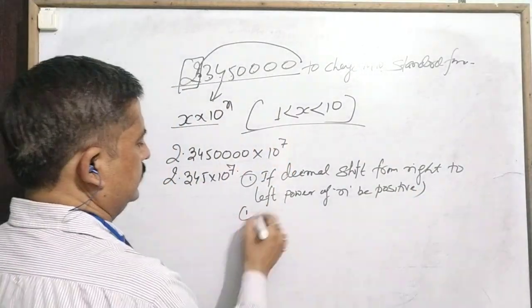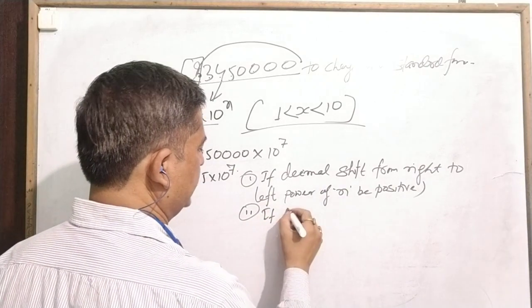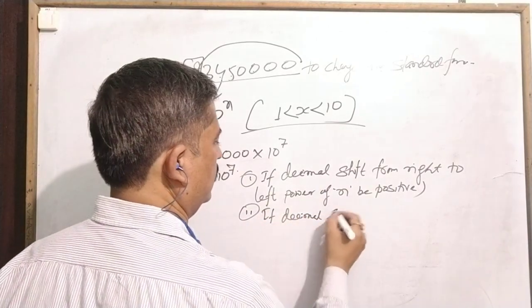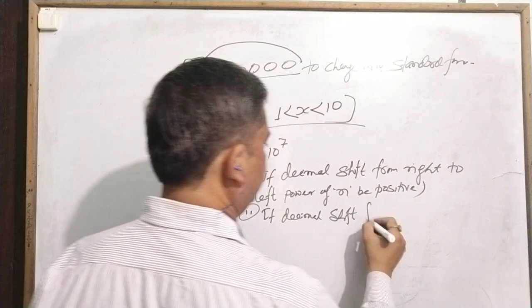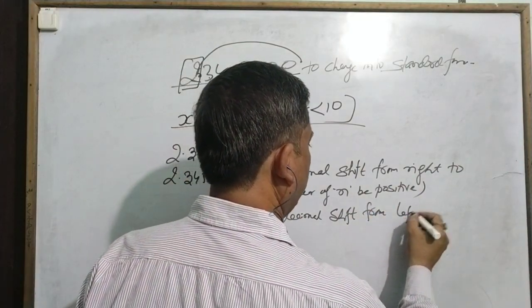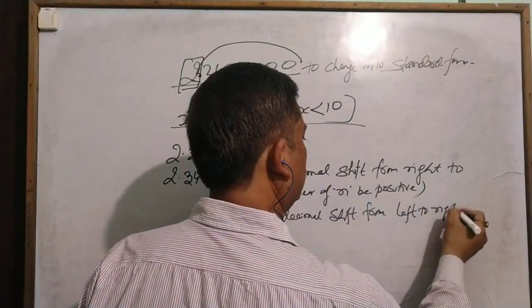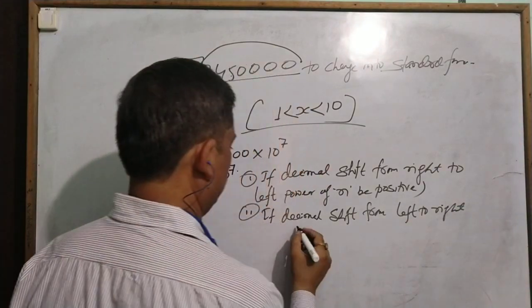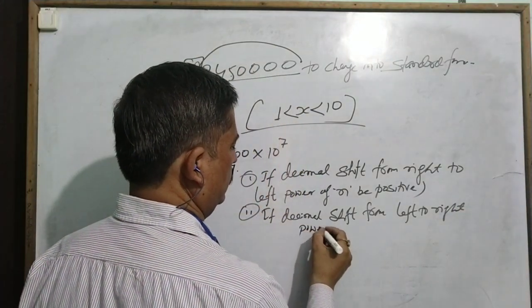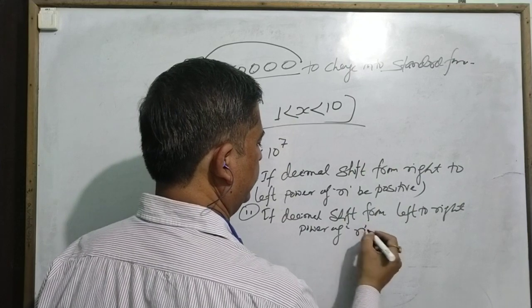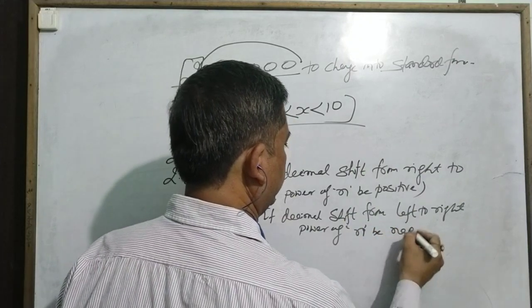Second, if the decimal shifts from left to right, the power of n will be negative.